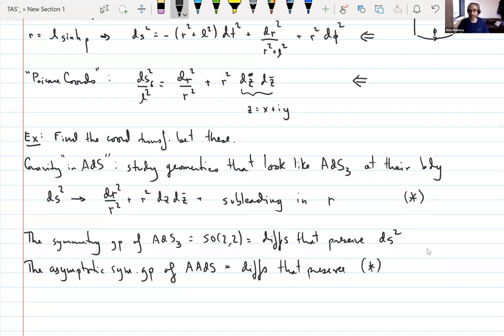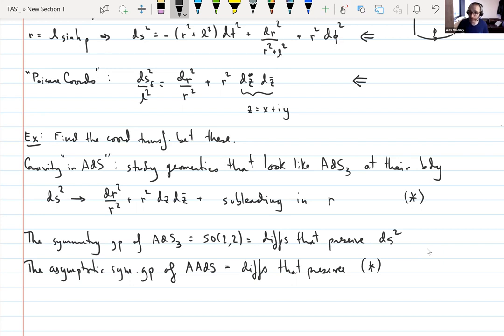That is to say, that preserve the general form of the metric that we have specified for our theory of gravity. Okay. And what Brown and Henneaux did is they analyzed the different possible types of fall-offs that we could demand, the types of subleading behaviors you could demand, as well as the different possible asymptotic symmetry groups.